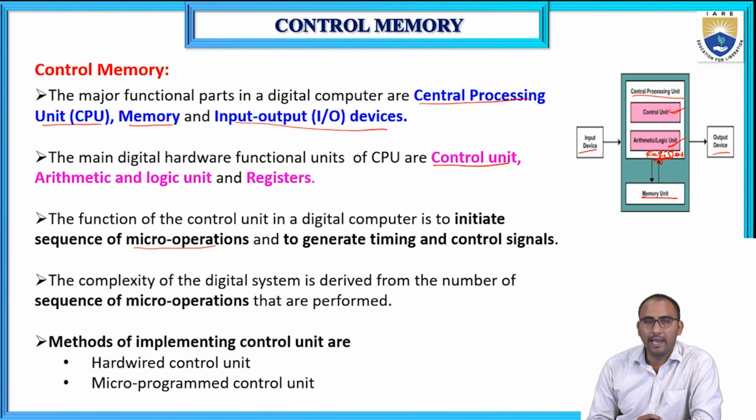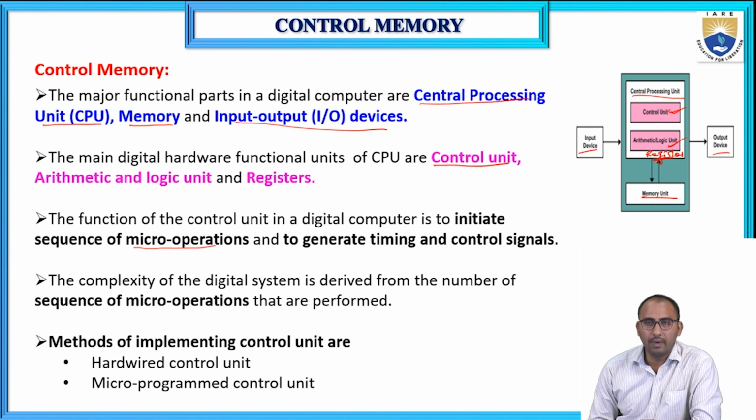Micro operations are nothing but simple operations like movement of data from one place to another place, modifying a value present in registers, performing arithmetic and logic functions or operations, and overriding a value in a register. These are all simple micro operations. Those micro operations we can generate by using the control unit.